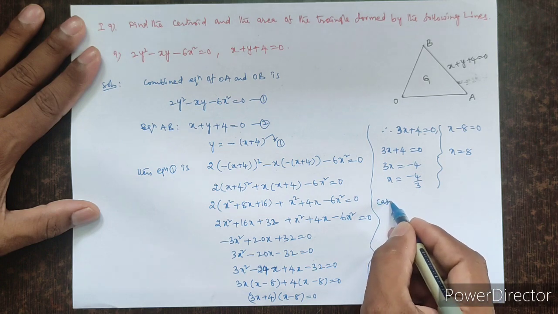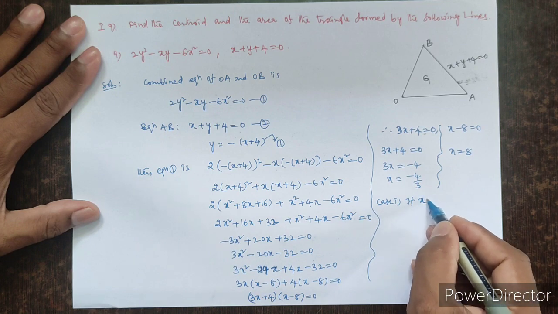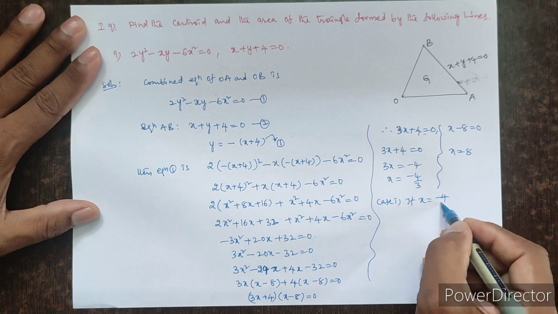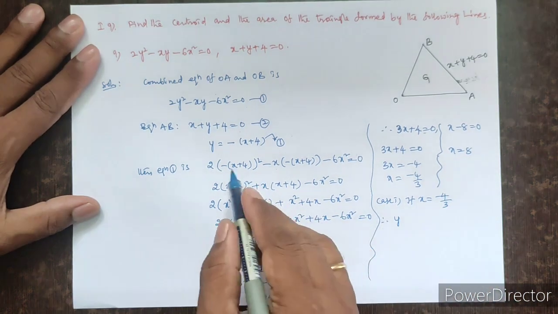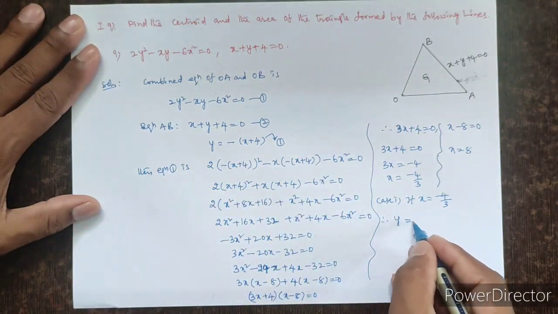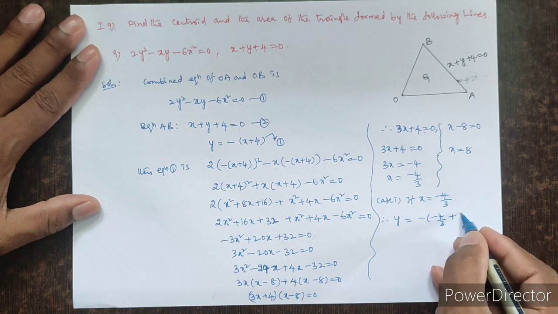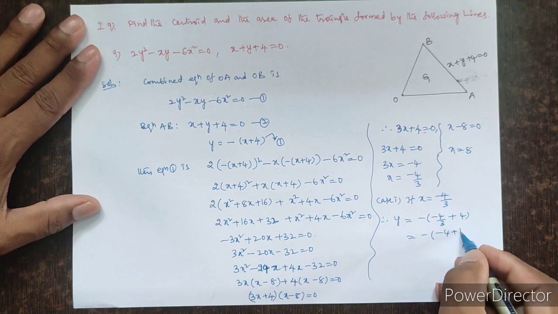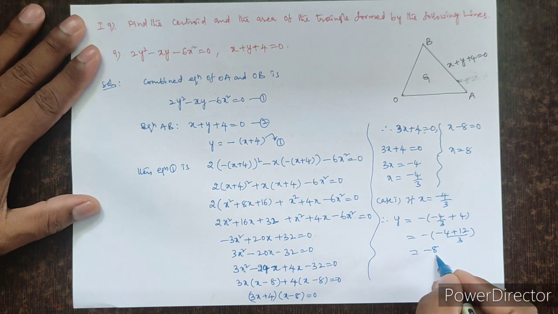Case 1: if x equal to minus 4 by 3, therefore what is y? y equal to minus of (minus 4 by 3 plus 4), that is minus (4 plus 12) by 3, which is minus 8 by 3.